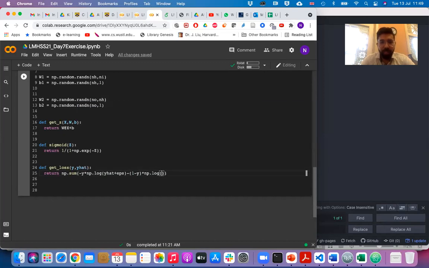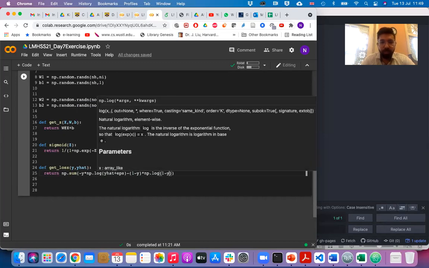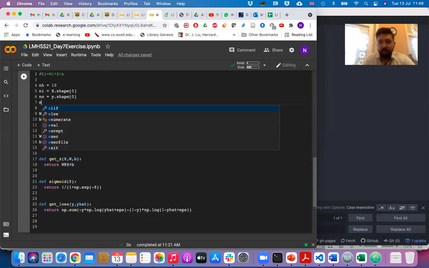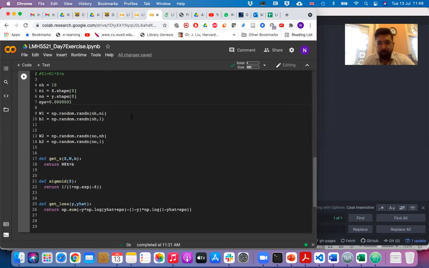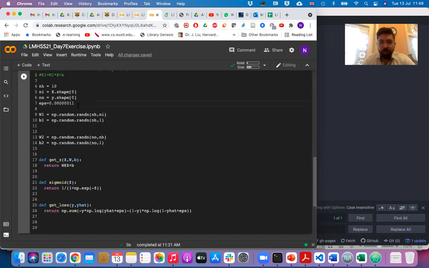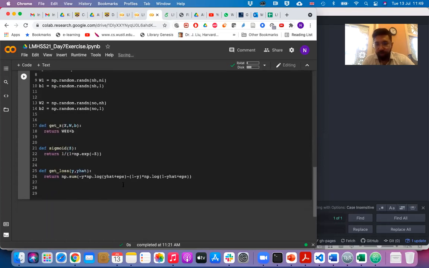Why am I adding epsilon in the log? It's not in the definition, but I'm adding it. Guesses? Because we don't want the situation where we have log of 0. Exactly, thank you. I've added a small constant here just to avoid this situation.